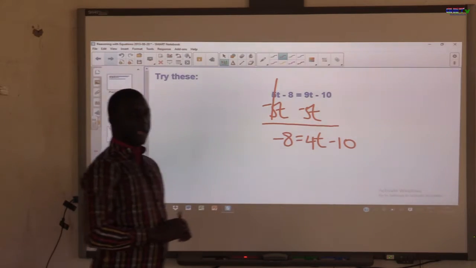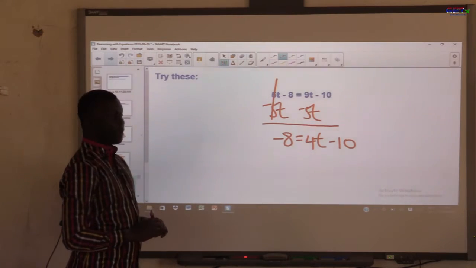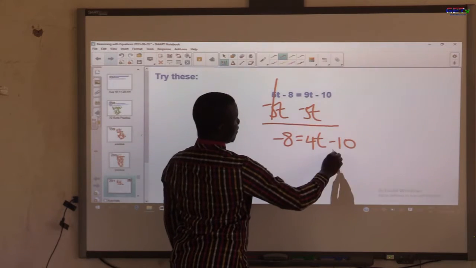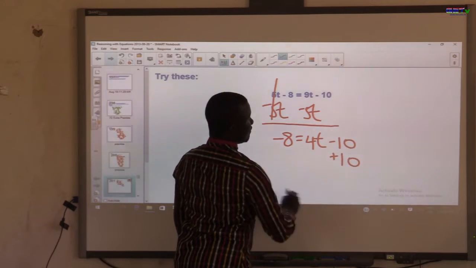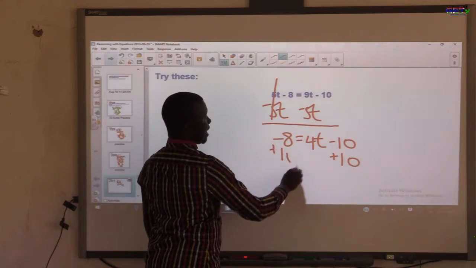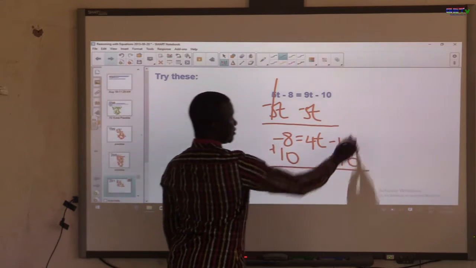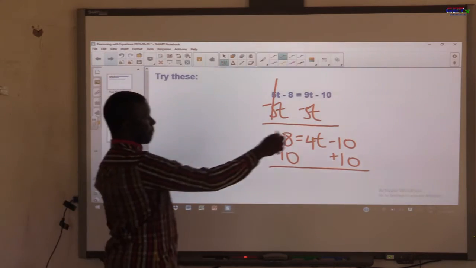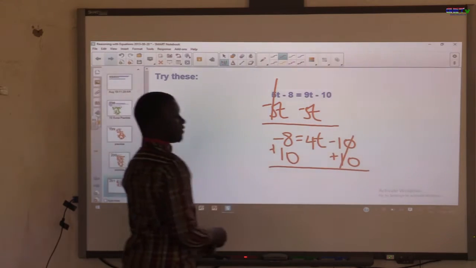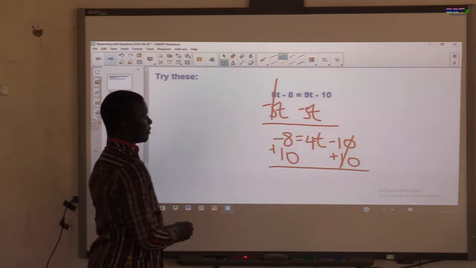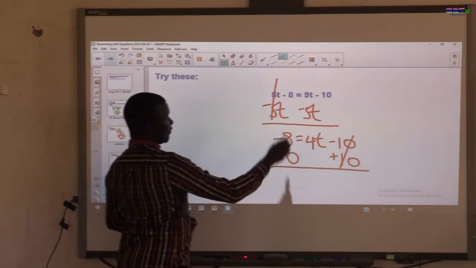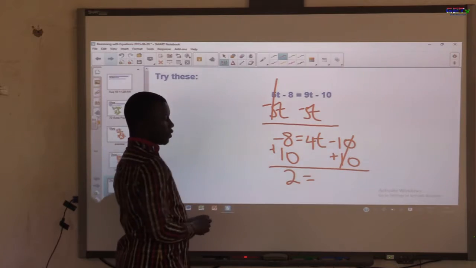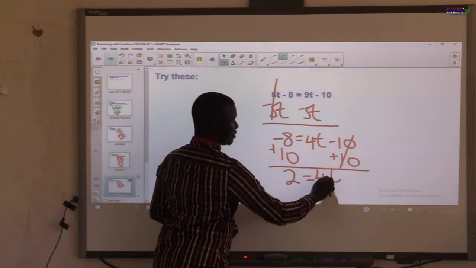Still, we want to isolate our variable here. In doing so, we use the inverse of subtraction by adding 10 onto both sides. Negative 10 plus 10 is 0. Negative 8 plus 10 is 2, which is equal to 4t.